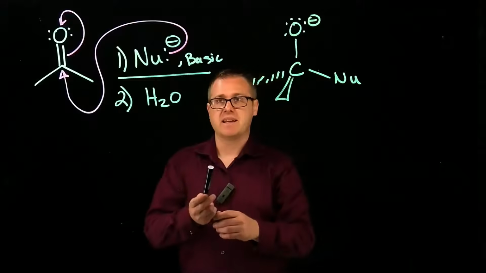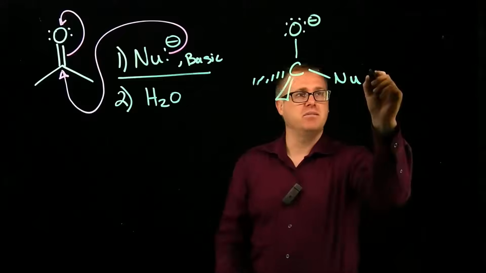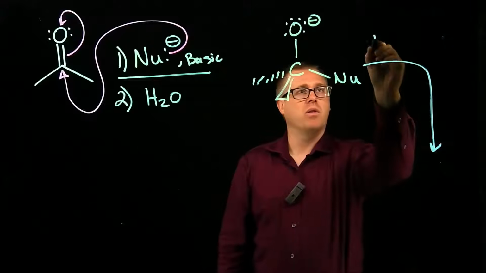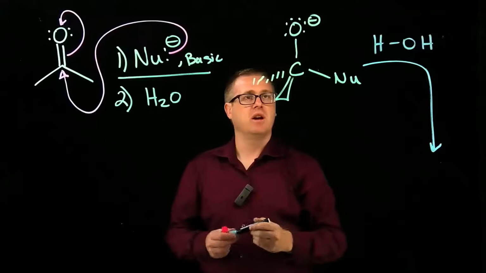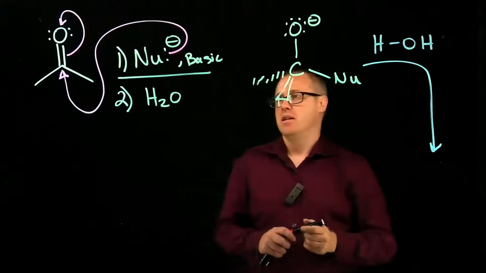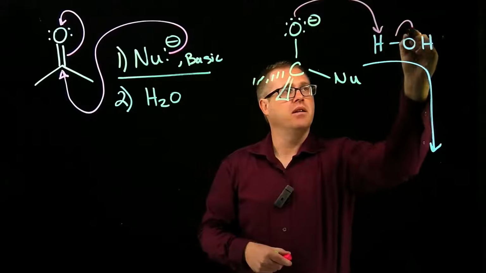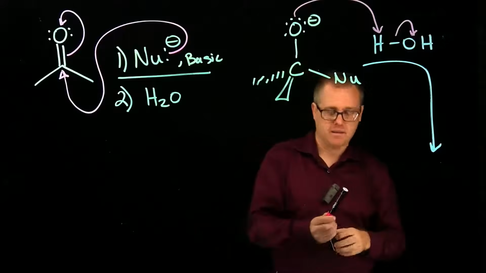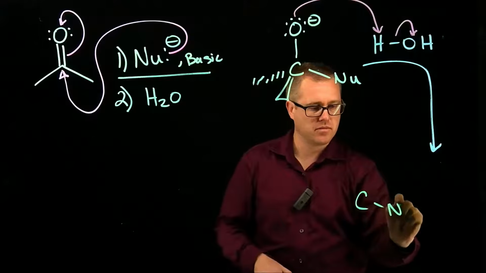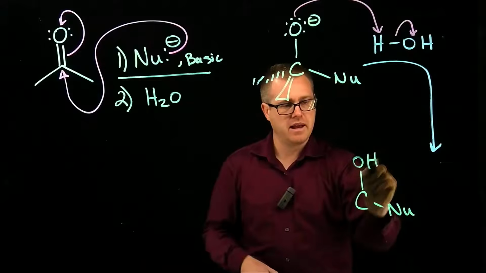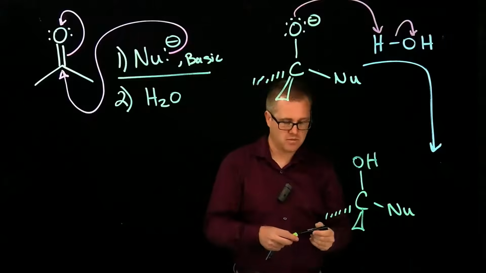And so the second step now comes into play. This is step 2, where we have our water molecule. There's going to be a lot of water there. The electrons come here to protonate that, and that generates our alcohol.